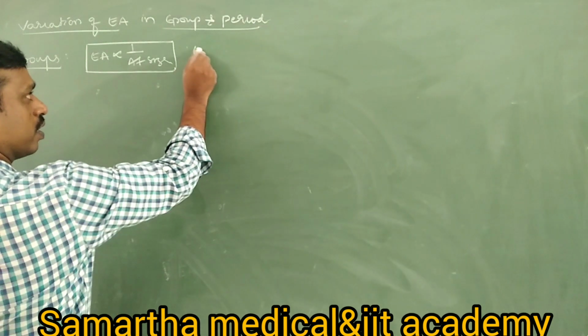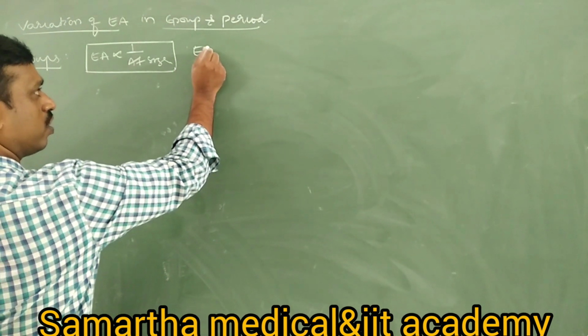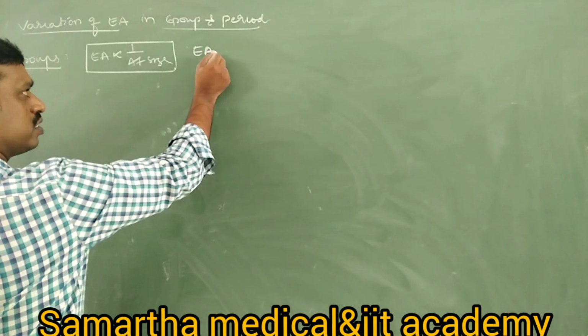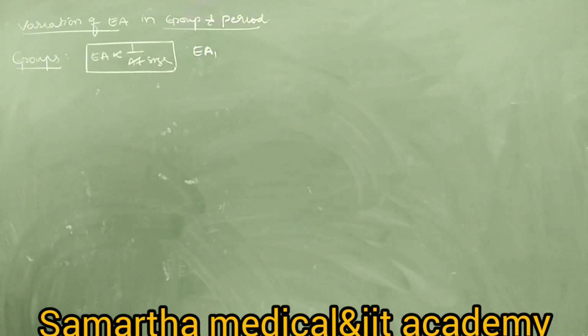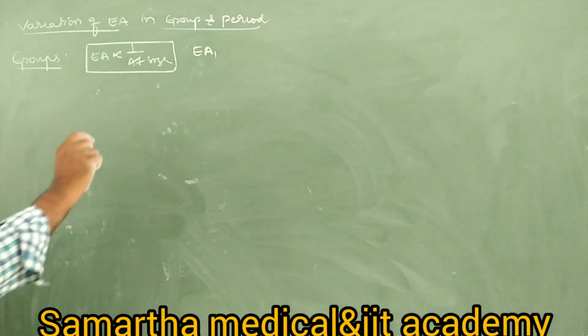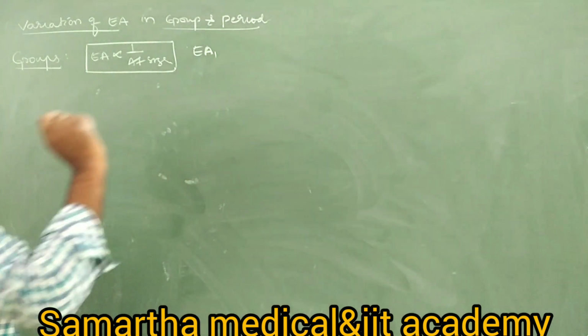Electron gain enthalpy, if I do not mention any 1 or 2, it means EA1 only. We study about EA1. If I do not mention anything like EA1 or EA2, you need to understand it is EA1.